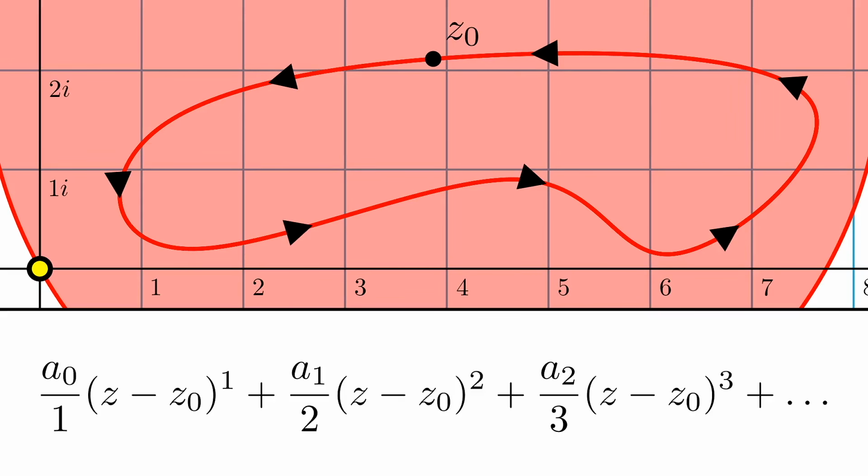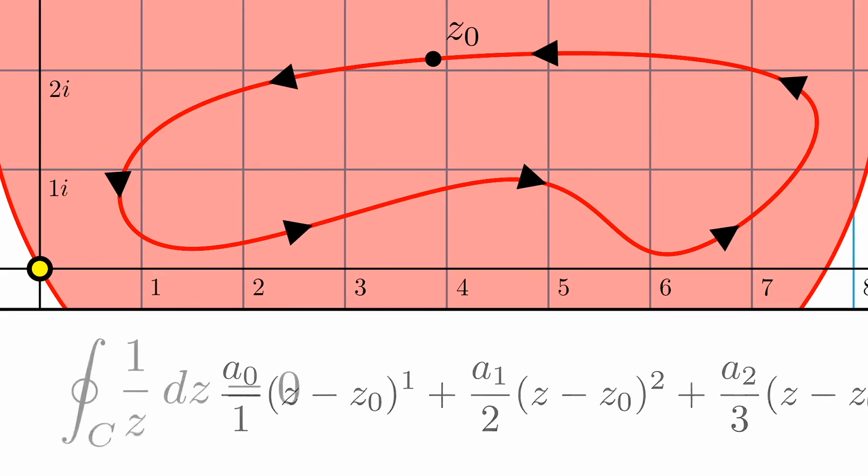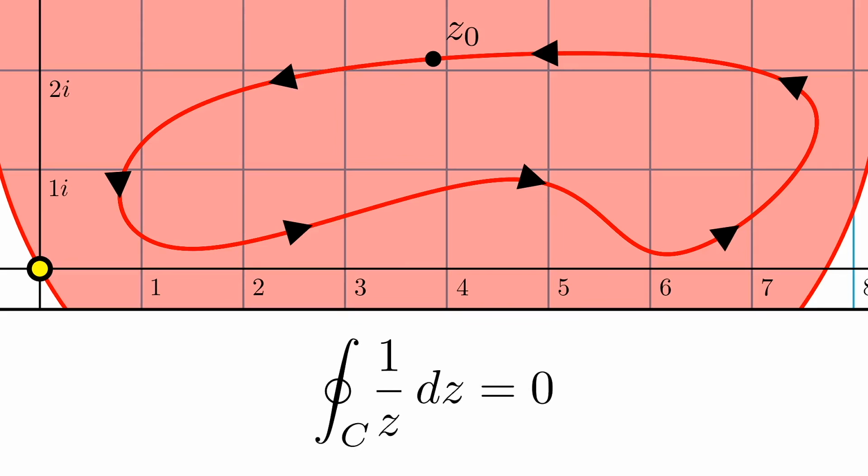So the fundamental theorem of calculus applies, and then by our exact argument from earlier, this integral must be 0. With more care, you can show that actually the integral of 1 over z around any closed loop that does not contain z equals 0 is 0.